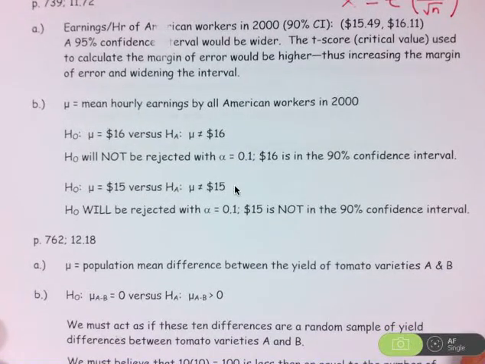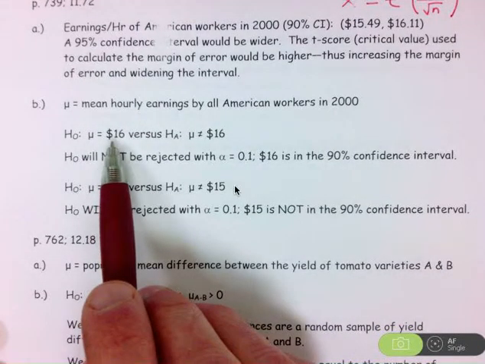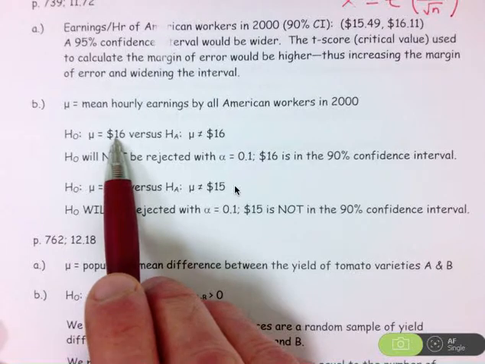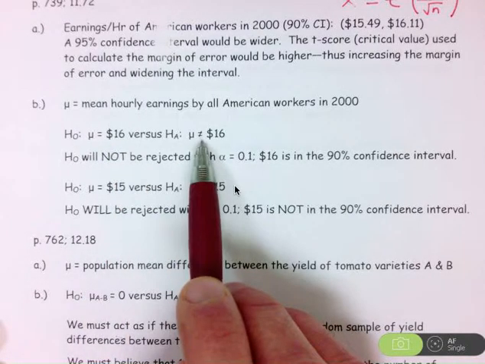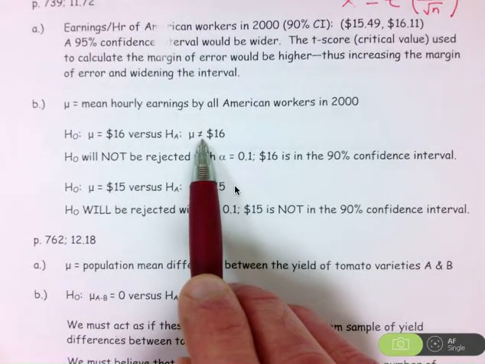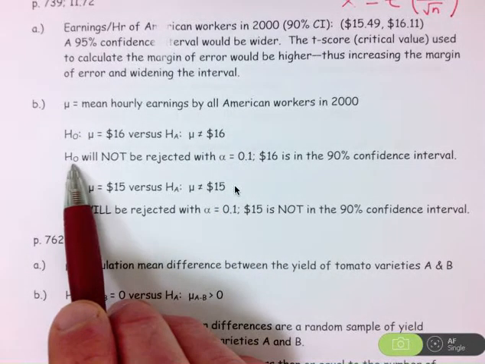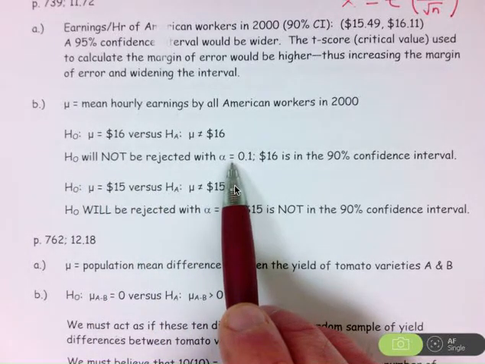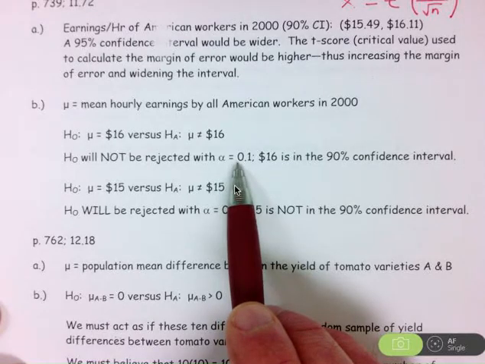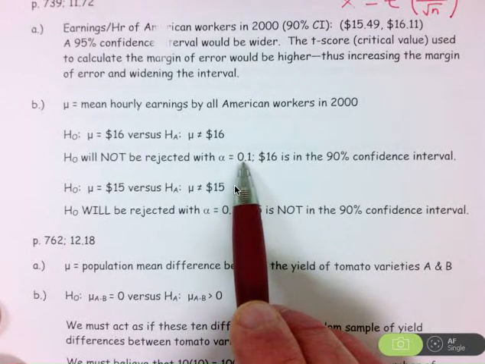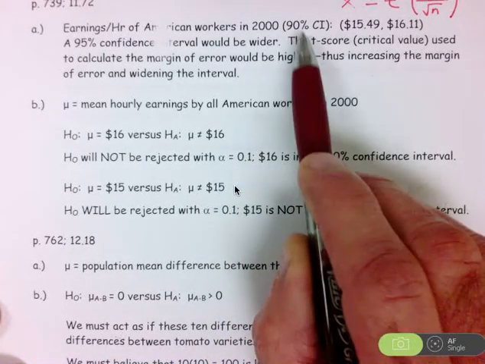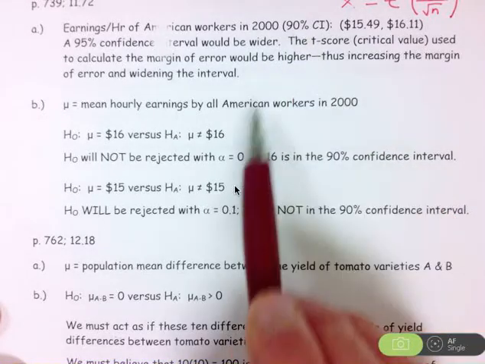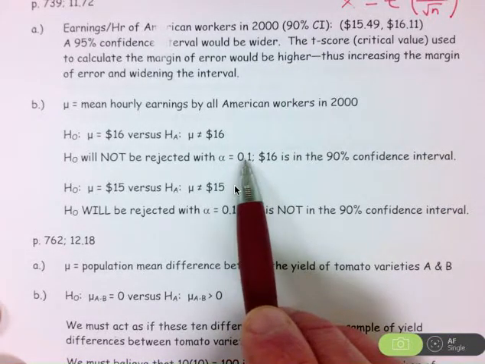So part B, if you wanted to conduct the test of the null hypothesis of 16 versus the two-sided alternative not equal to 16, in this case the null hypothesis would not be rejected using a significance level of 0.1. That 0.1 comes from the fact that we're using a 90% confidence interval, so that leaves us a 10% level of significance.